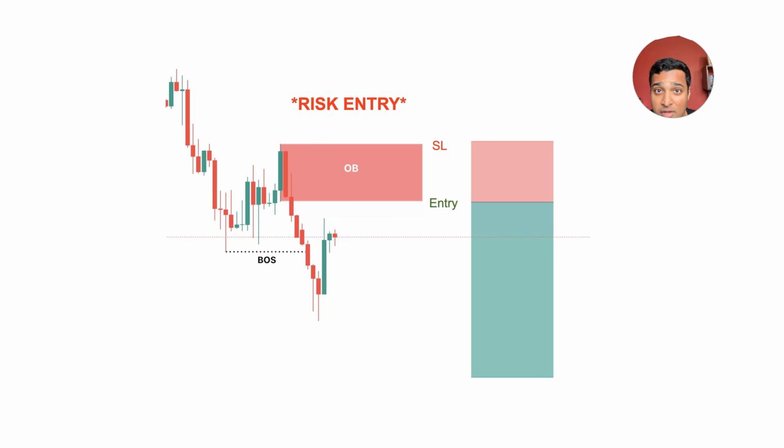We would then put a limit entry at the bottom of the order block and the stop loss a couple of pips above the high. The main advantage of the risk entry is that there is a higher probability of the trade being filled. But a potential downside is that price could go straight past and hit your stop loss.